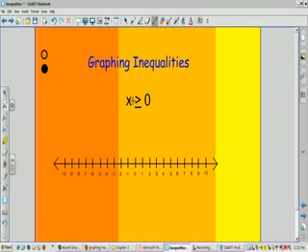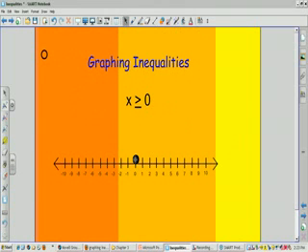Okay, now here's one. x is greater than or equal to 0. There's a situation where we could say something is at least 0. It could be higher than 0. Today's temperature is going to be at least 0. Does that mean it could be 0? Yeah, it could be exactly 0, or it could be greater than 0. So we want to show that by using the shaded in circle, and I'm going to put that right on the 0.